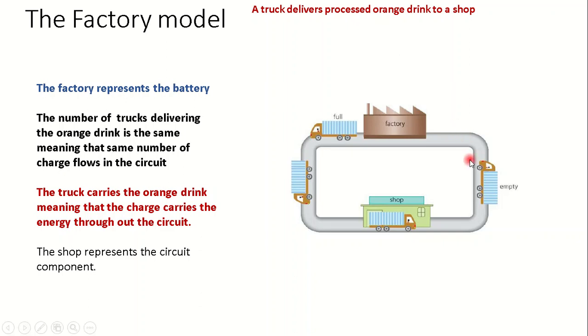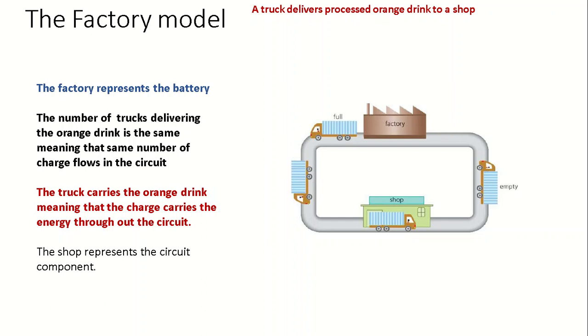We can even use a bridge here, a barricade, to represent a switch. The shop here represents the components, and the orange drink actually represents the energy that is being transferred, which you're going to learn later in the subsequent lesson, the voltage.